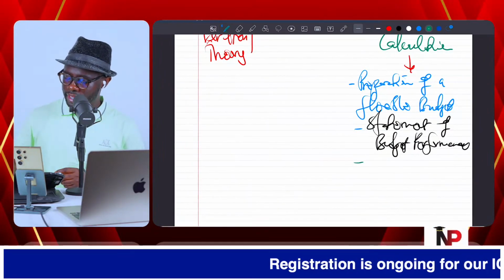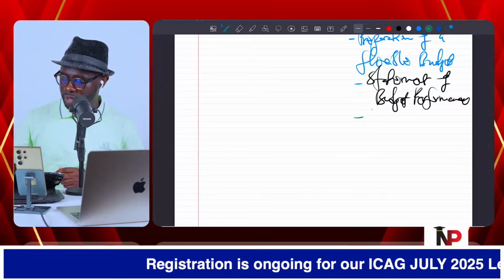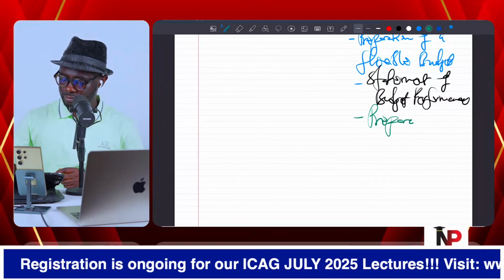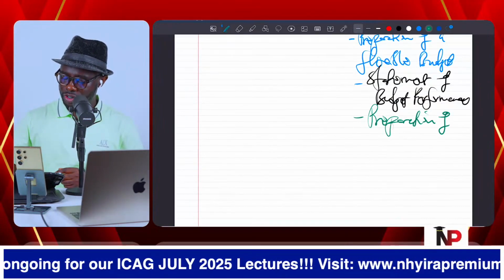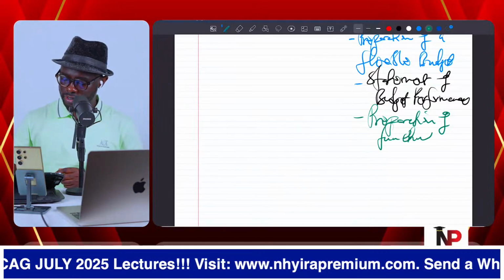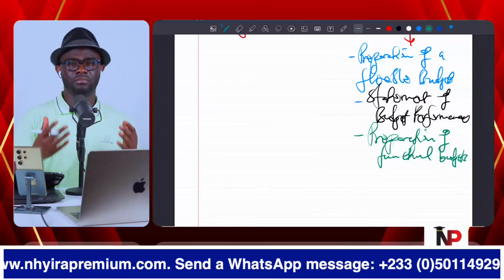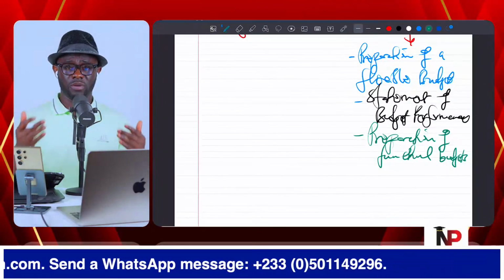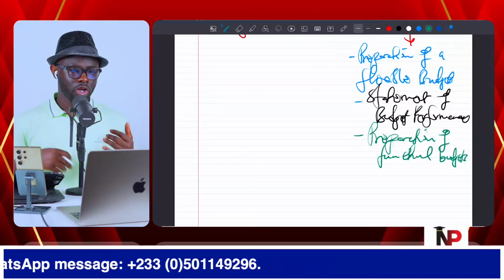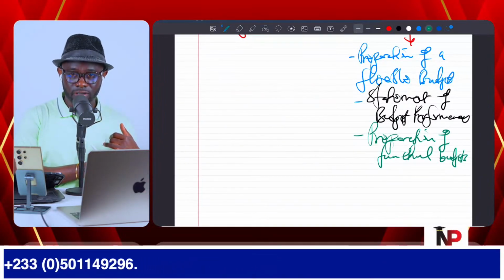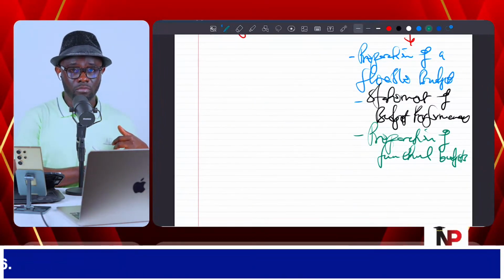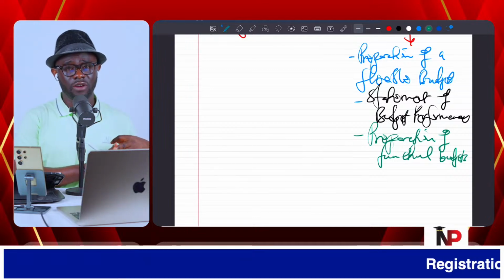The third thing is preparation of the functional budget. Now, the functional budget simply represents the budget of the various departments within the company. So we will have the sales budget, okay? We'll have the production budget. We have the material usage budget.